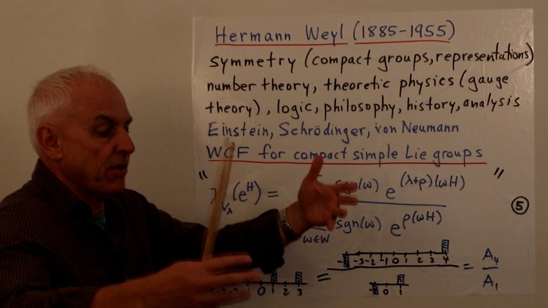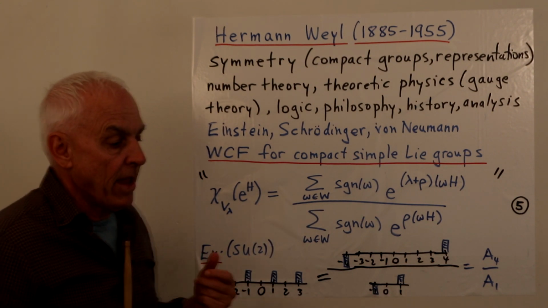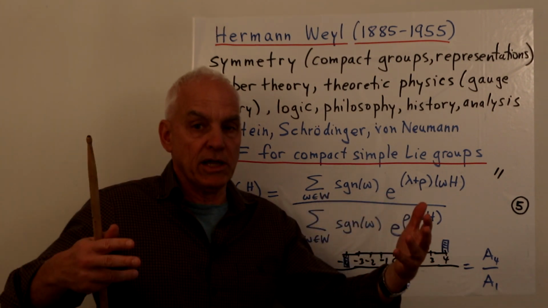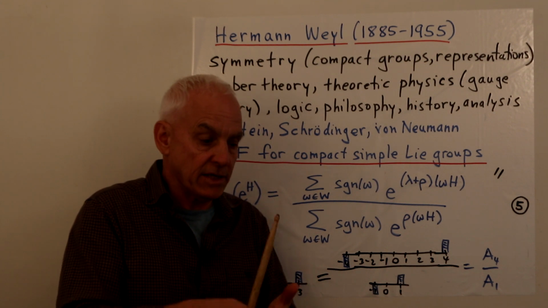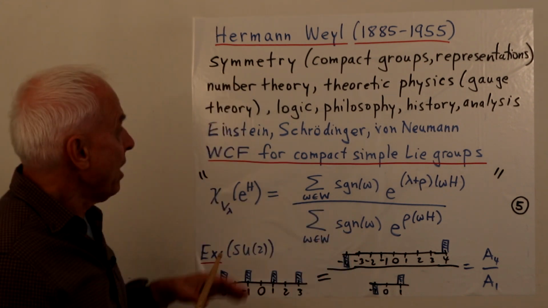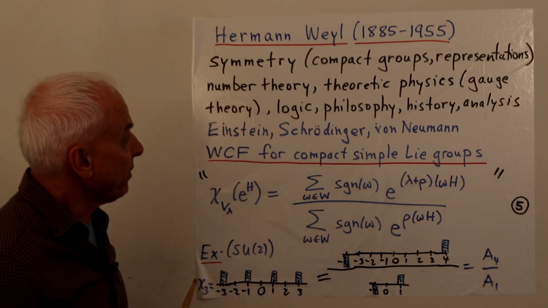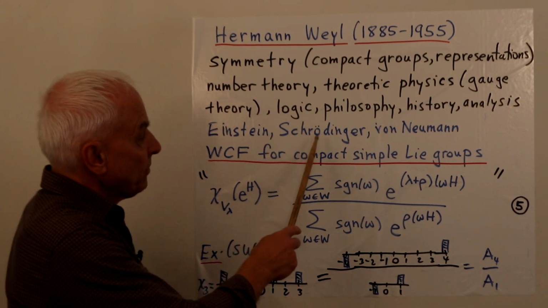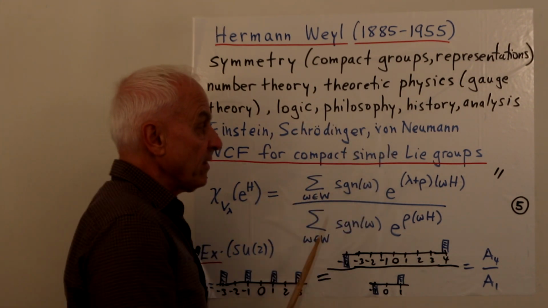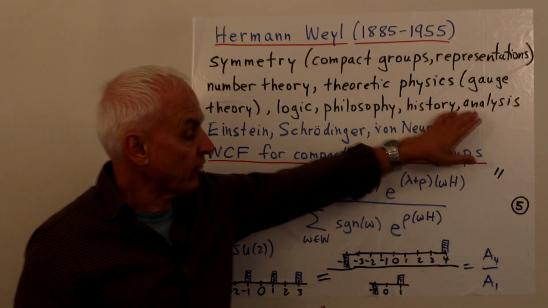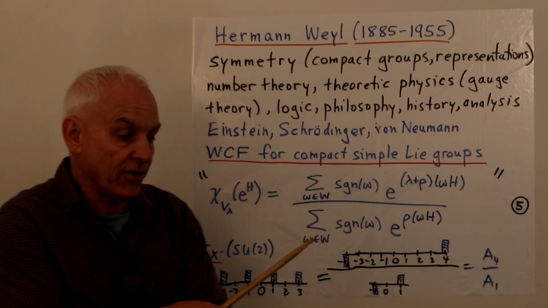It was basically a theory that he brought into being, and it became hugely influential in physics and in mathematics throughout the century. But he also did foundational work in number theory, in logic. He had great interest in philosophy and the history of mathematics, and also made contributions to analysis.